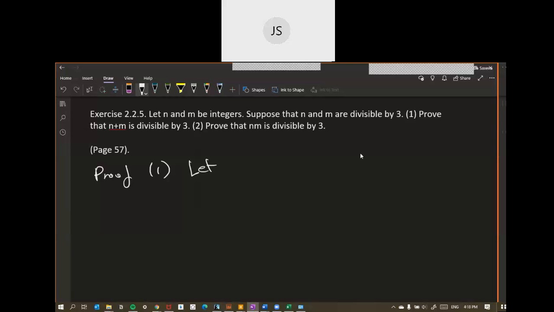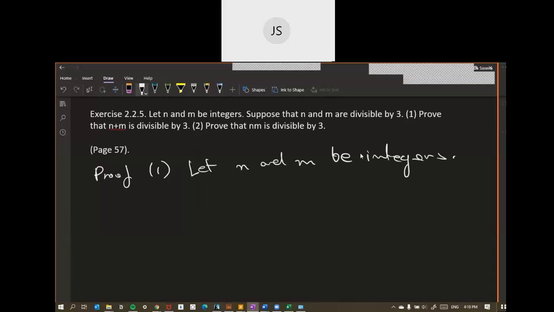So let n and m be integers. Okay. Can I say some little thing? Maybe Emil said the same thing. Can we say that n is equal to 3k and m is equal to 3l, then n plus m is 3k plus 3l, and 3 in parentheses k plus l, then n plus m is divisible by 3. Can we do it like this? Yeah. We will do exactly the same thing, and I believe Emil was also suggesting the same thing.